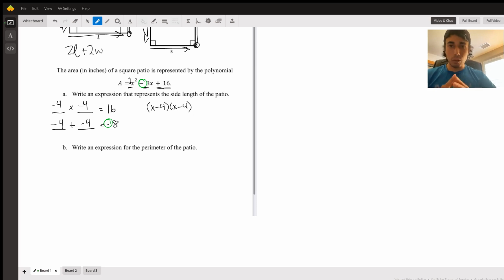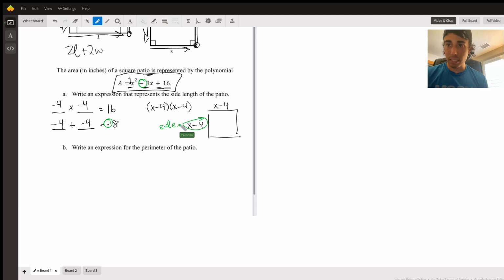In other words, those are the two things that multiply together and give us this area. So with this square, our length is x minus 4 and our width is x minus 4, because it's a square and all the sides are going to be the same. So the side length is just x minus 4.